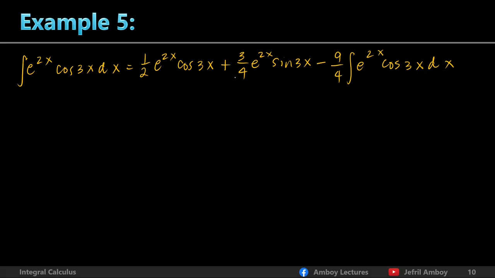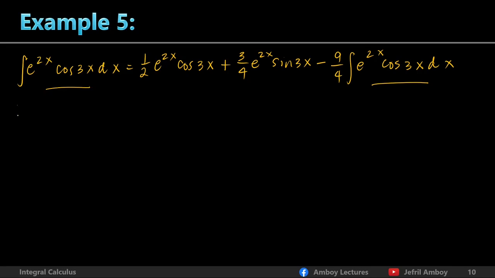So, meron tayong tatlong terms dito, di ba? Tatlong terms. However, ito ba pwede na nating i-integrate? Kung mapapansin mo, itong term na to at itong term na to ay similar. Di ba? So, kung similar yan, ito pwede kong ilipat sa kabila at pagsamahin. Di ba? So, magkakaroon tayo ng 1 plus 9 over 4. So, 1 is 4 over 4. 4 plus 9 is 13.